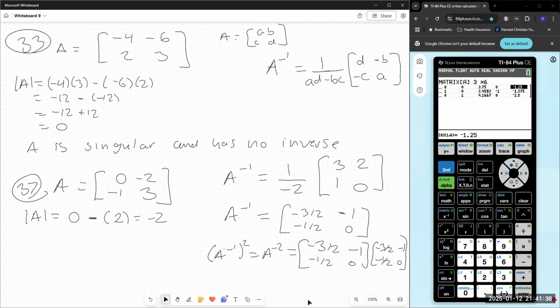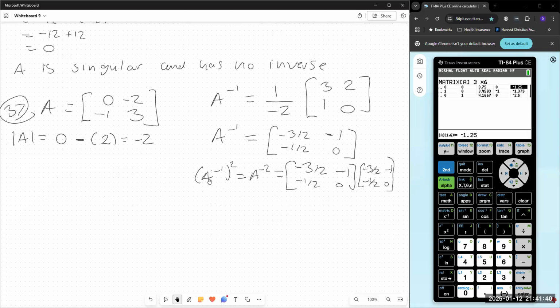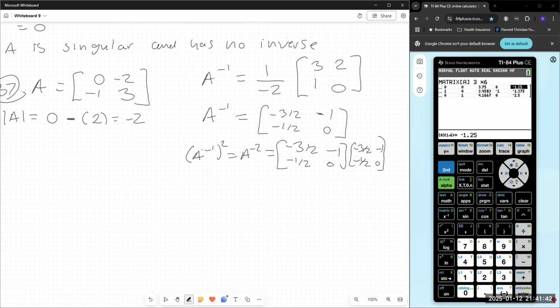Okay? And then this is one of the ways in which I can find A^-2. So this is going to be 9/4 plus 1/2. And this is going to be 3/2 plus 0. This is going to be 3/4 plus 0.